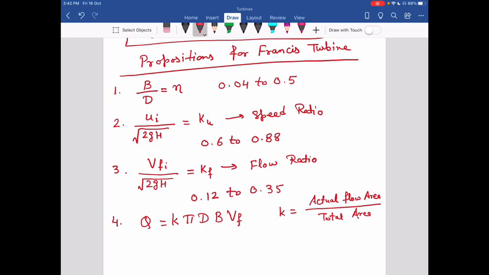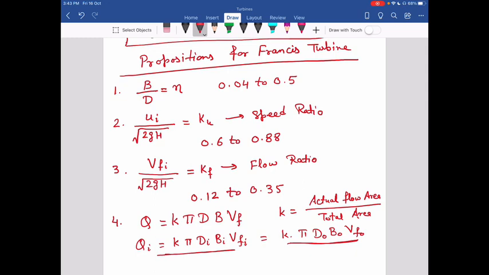So the discharge at the inlet to the runner is k pi di bi vfi, and the discharge at the outlet of the runner is k pi do bo vfo.